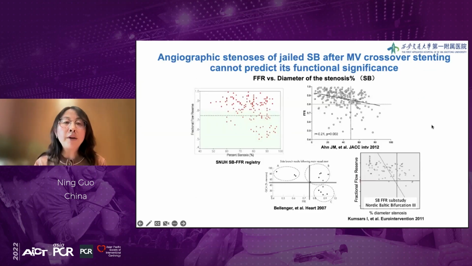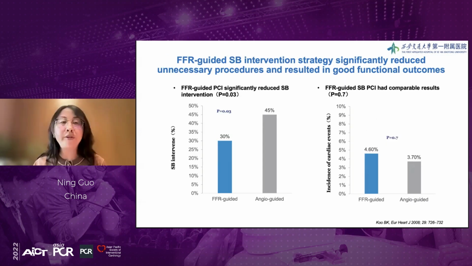And angiographic stenosis of the jailed side branch after main vessel crossover stenting cannot predict its functional significance according to many studies previously. And the FFR-guided side branch intervention strategy significantly reduced unnecessary procedures and resulted in very good functional outcomes.